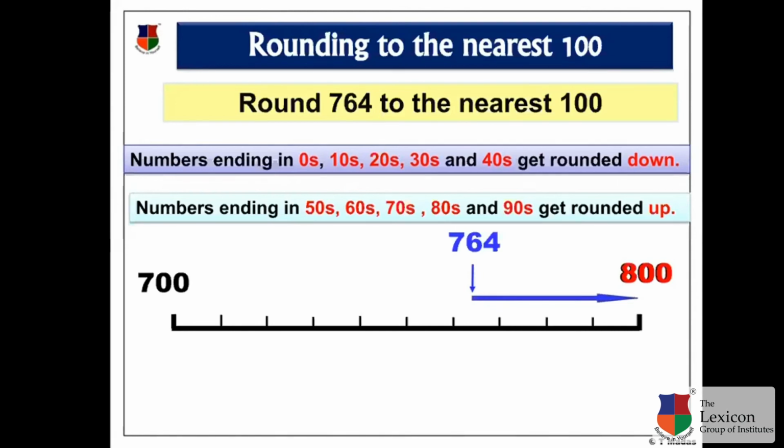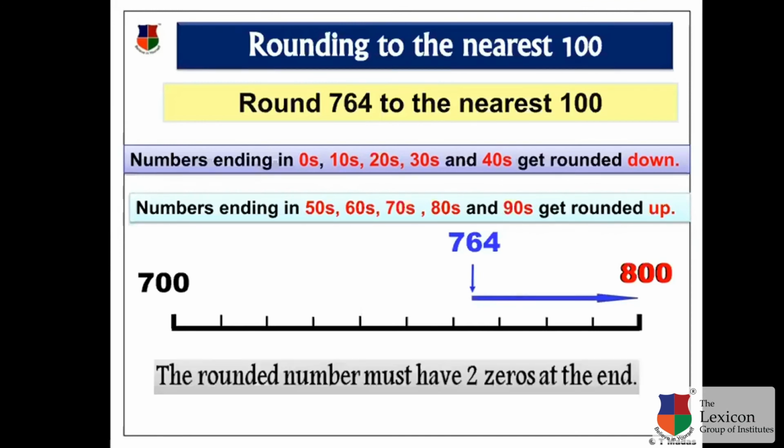So what is the nearest number which has 0? 764 rounded off to the nearest 100 is 800. Now because we are rounding off to the nearest 100, this number must have 2 zeros at the end.